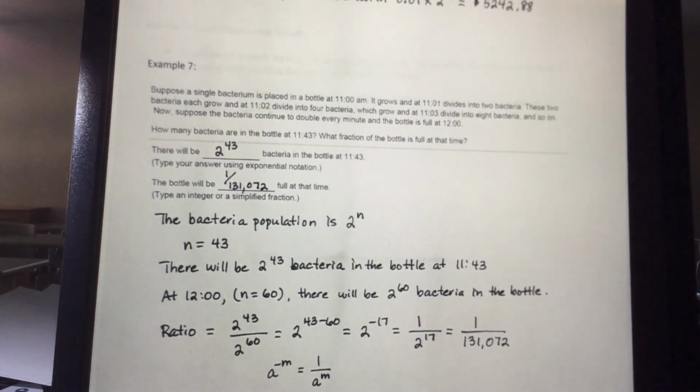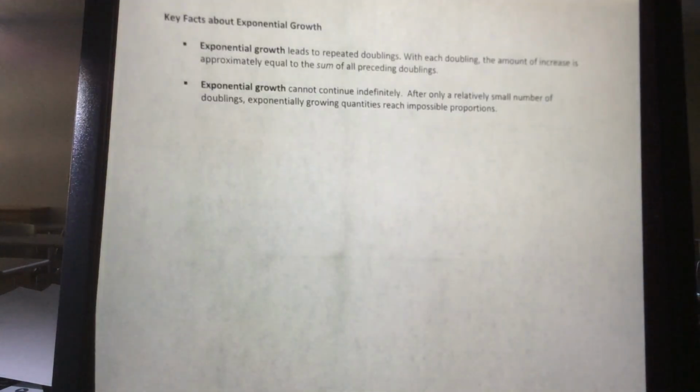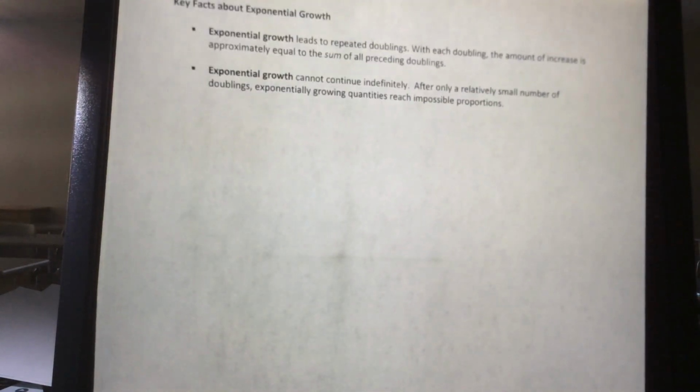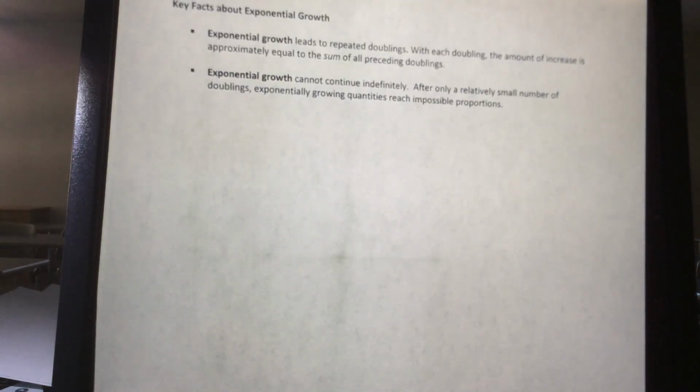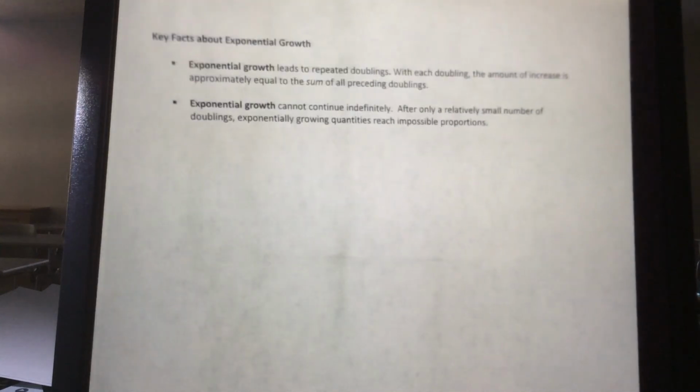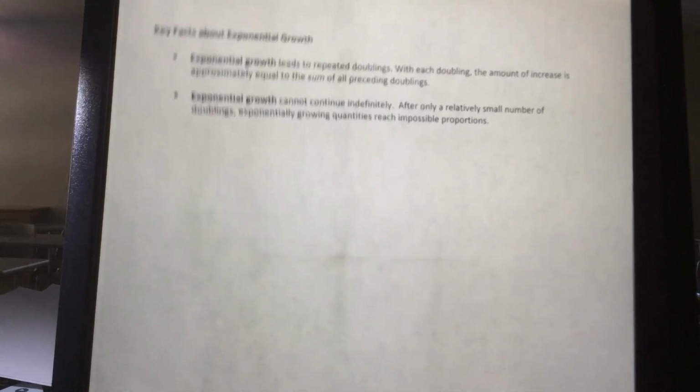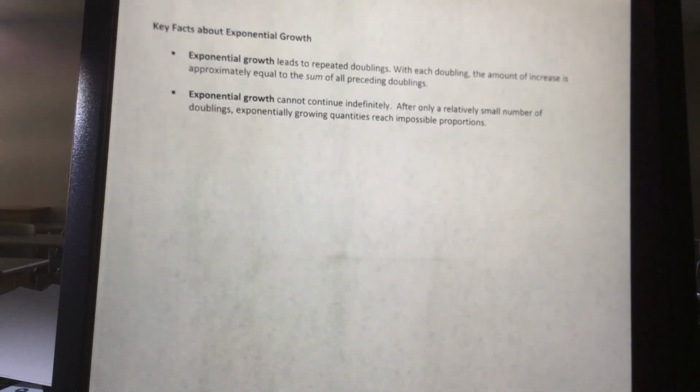Okay, now we can wrap up this video with some key facts about exponential growth. Here, exponential growth leads to repeated doublings. Here, with each doubling, the amount of increase is approximately equal to the sum of all preceding doublings. Okay? And also, exponential growth cannot continue indefinitely.